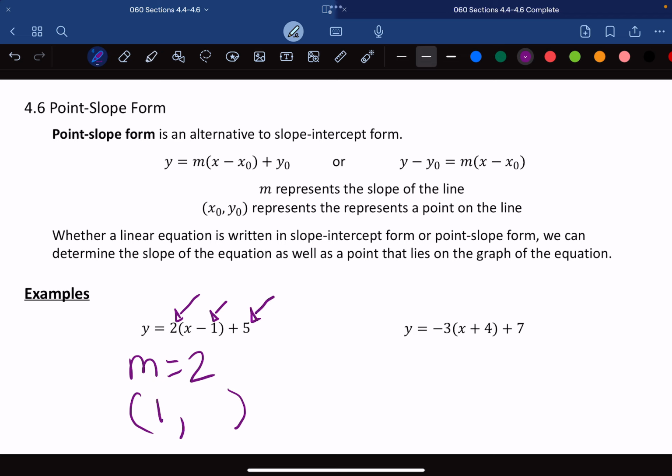Make sure you pay attention to the signs in front of the numbers. The equation has a minus inside the parentheses and a plus outside. If there's anything different than that in your equation, that means the value of your point is the opposite.